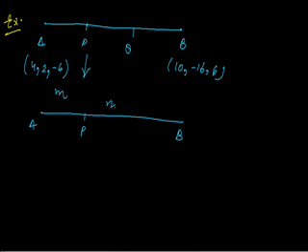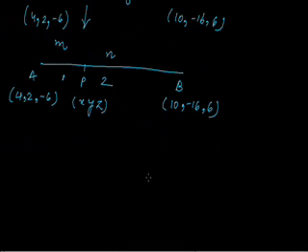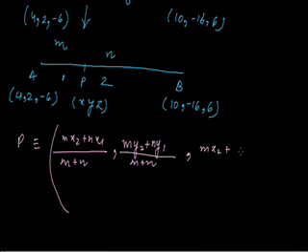The m is to n ratio that we have to take is 1:2. So A is equal to 4 comma 2 comma minus 6, let P be x, y, z, and B is equal to 10 comma minus 16 comma 6. So m is equal to 1, n is equal to 2. So coordinate of P will be m into x2 plus n into x1 upon m plus n, comma m into y2 plus n into y1 upon m plus n, comma m into z2 plus n into z1 upon m plus n.